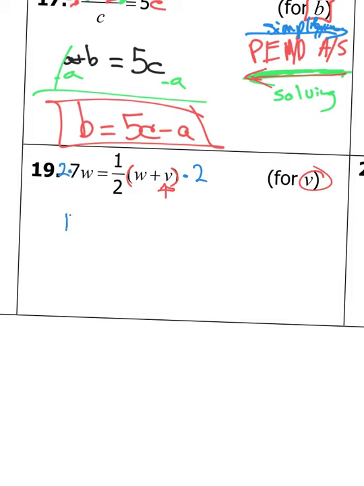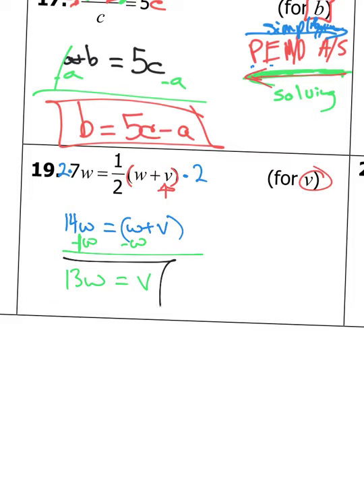Multiply by 2 on both sides, I get 14w equals w plus v. Okay, now there's no exponents. We're going to move on and get rid of the parentheses by subtracting w on both sides. Now 14w minus 1w would give me 13w, and I'd be left with my answer.